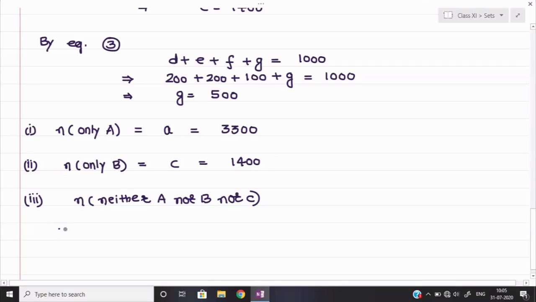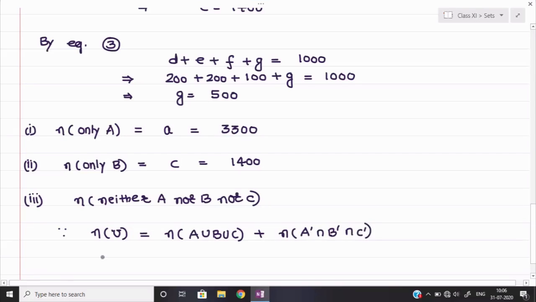We can say that the number of the universal set is equal to the number of A union B union C plus the number of elements in A dash intersection B dash intersection C dash.